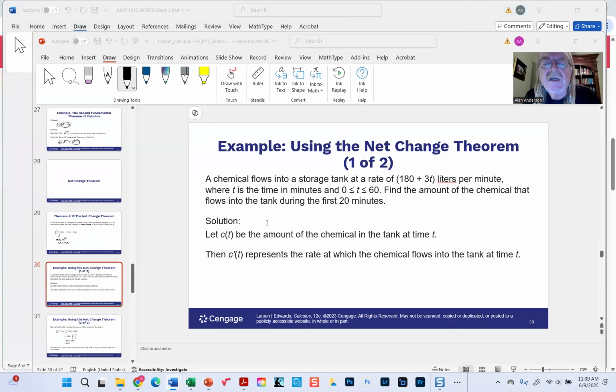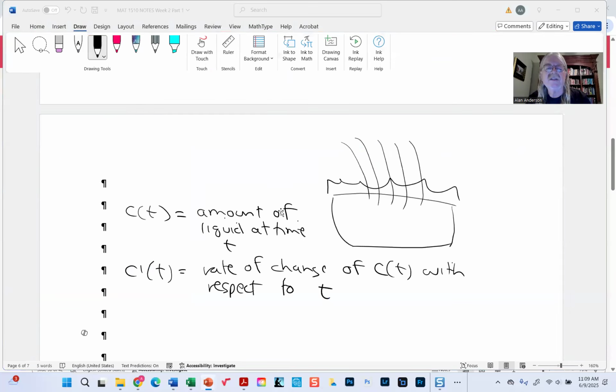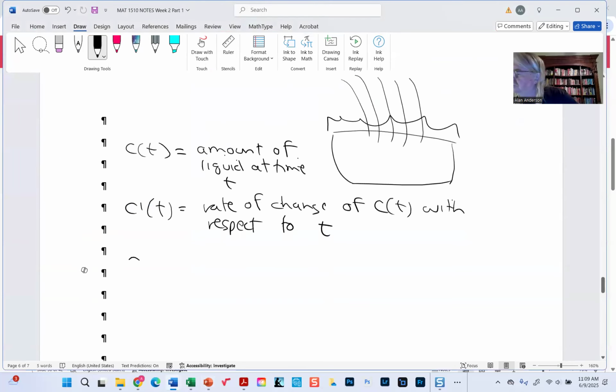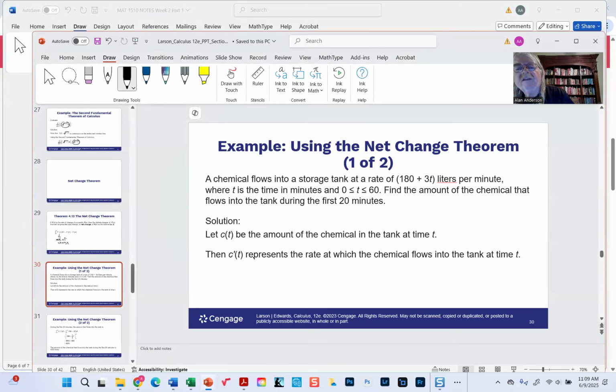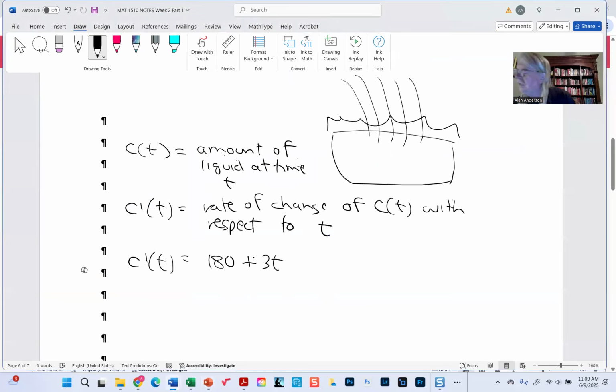Now they're telling us not C of t, but C prime of t. This is actually C prime of t because it's the rate at which, the magic word there is rate, 180 plus 3t. So, and by the way, the fact that it's written like this, at time, well, all right, we'll interpret it later on.